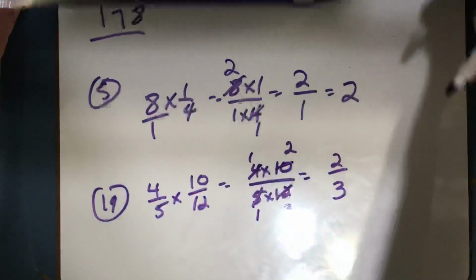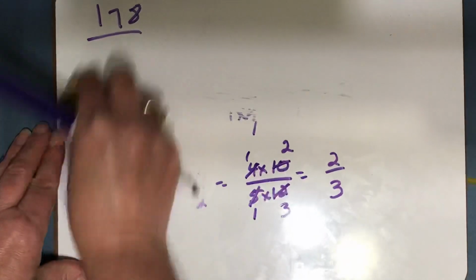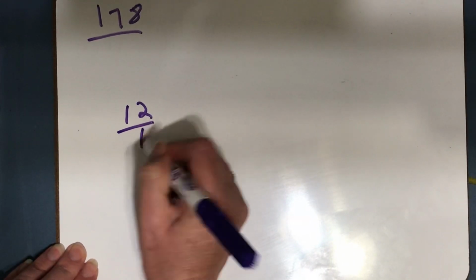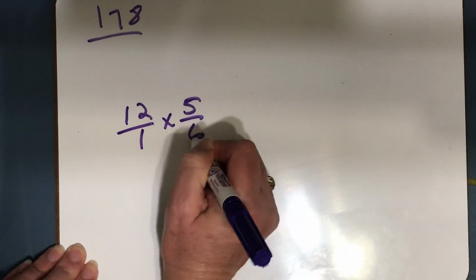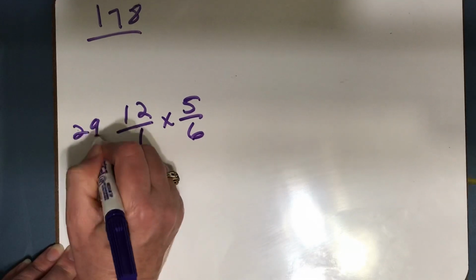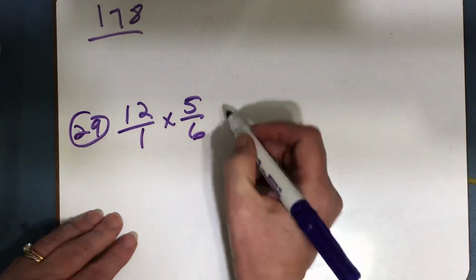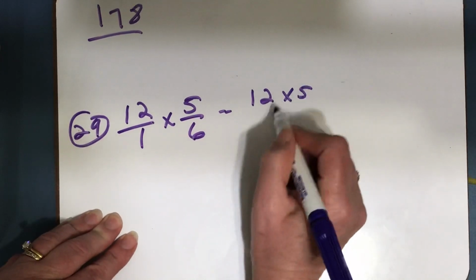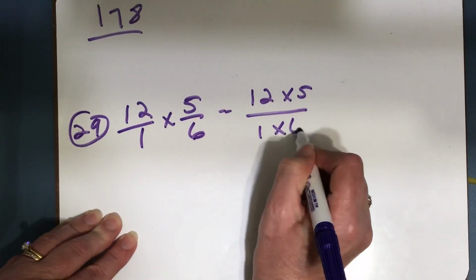So we'll do number 29. Number 29 is 12 times 5/6. So I made that 12 over 1 times 5/6. So that would be 12 times 5 over 1 times 6.